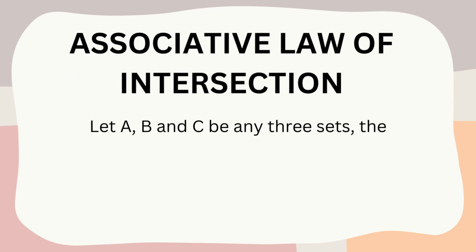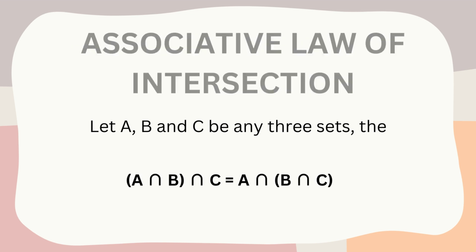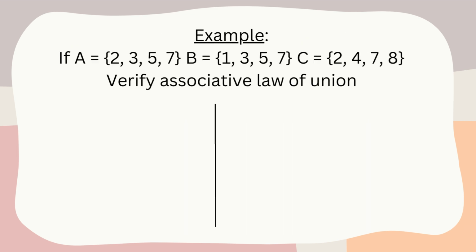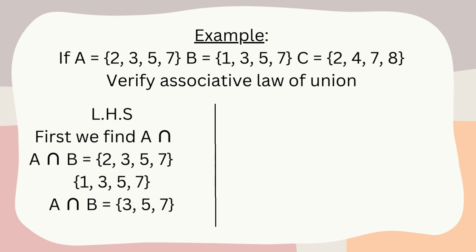To know what the associative law of intersection is, you simply replace the union with an intersection sign. That is all. So (A intersection B) intersection C is the same as A intersection (B intersection C). To verify it, we have a particular example. First you solve the left-hand side, the brackets first.